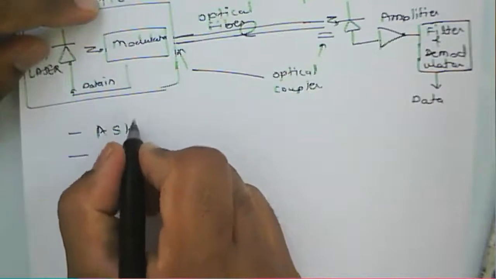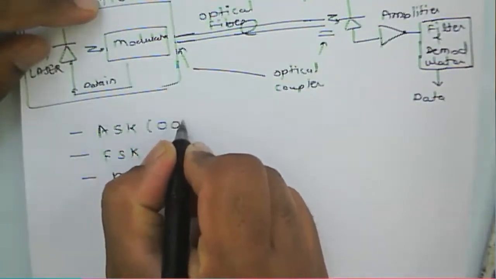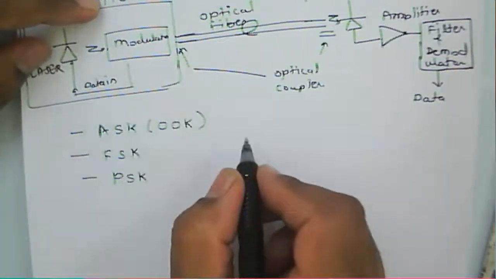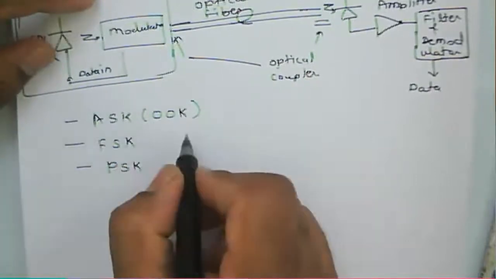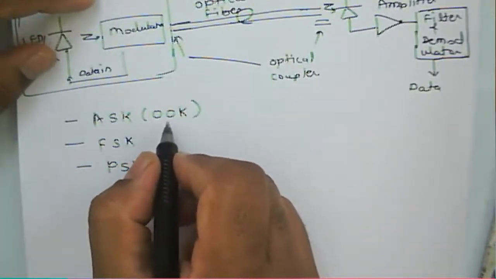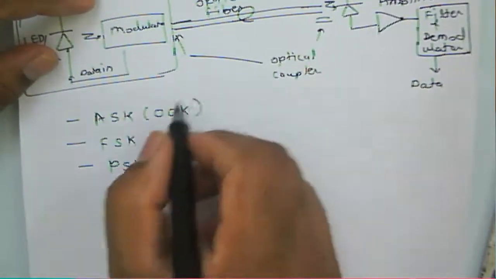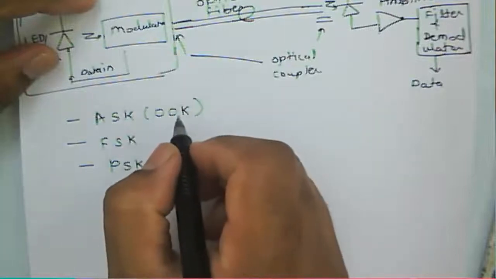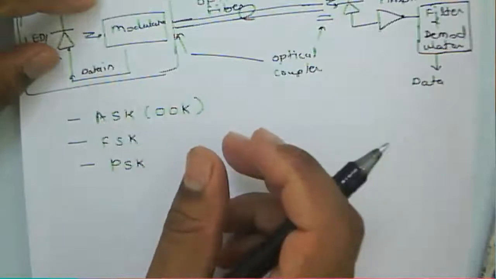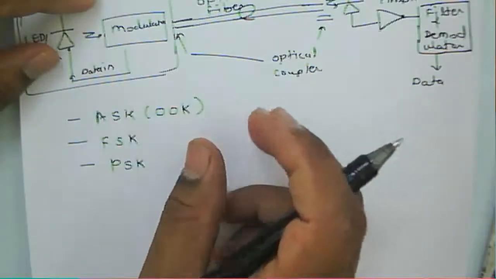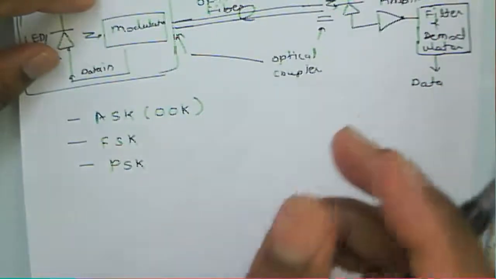Amplitude shift keying, or on-off keying: in this case, the phase of the wave is constant, and only the signal amplitude varies according to the bit we have, whether we transmit bit 1 or bit 0.